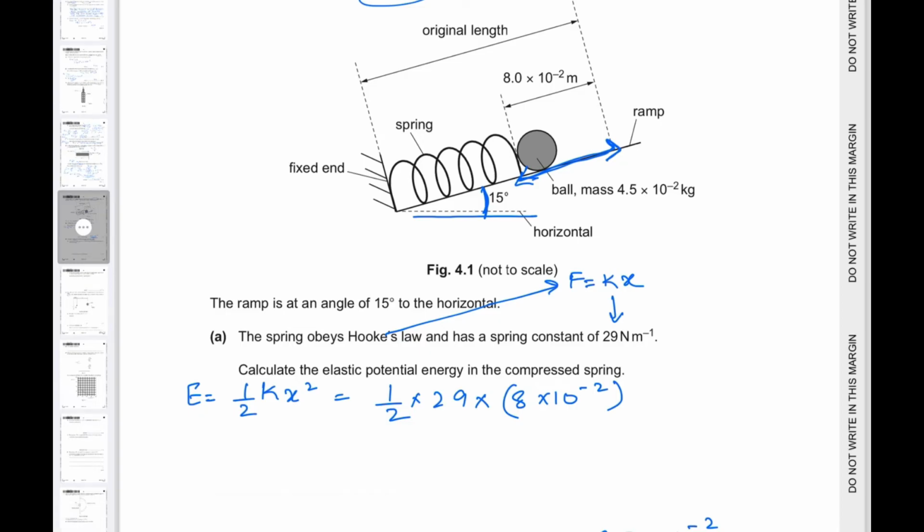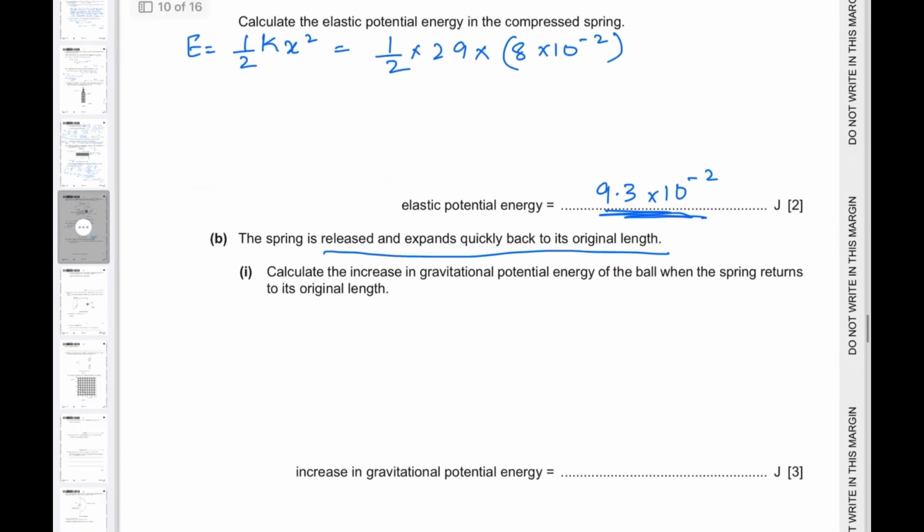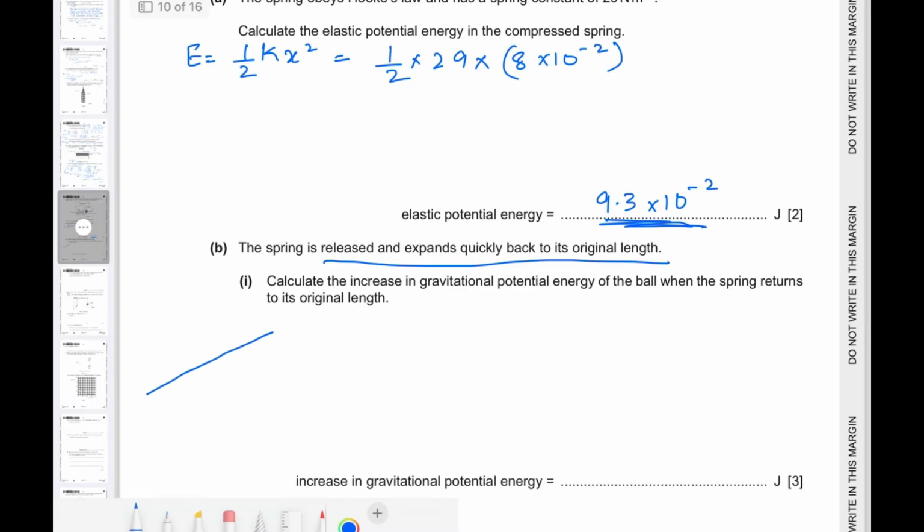How do you find the change in height when you are given the slanted distance at an angle from the horizontal? You consider the right angle triangle and use trigonometry to find the opposite side to the angle, as well as using the hypotenuse side in this right angle triangle.